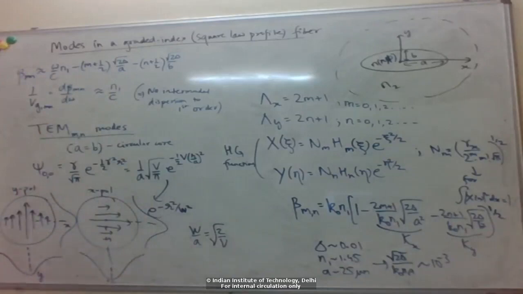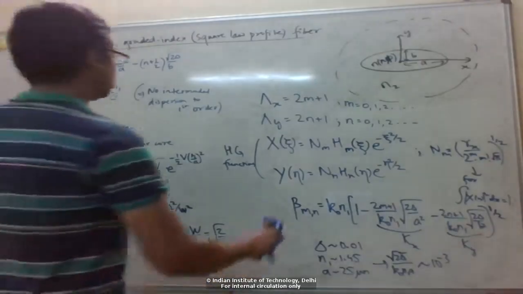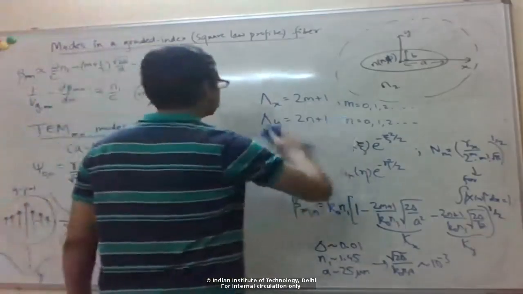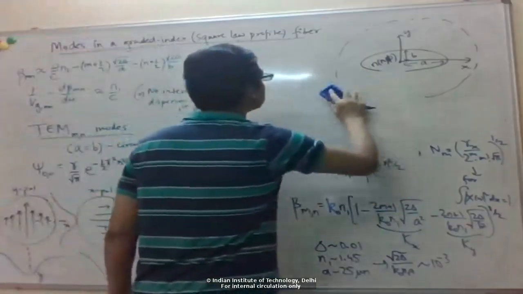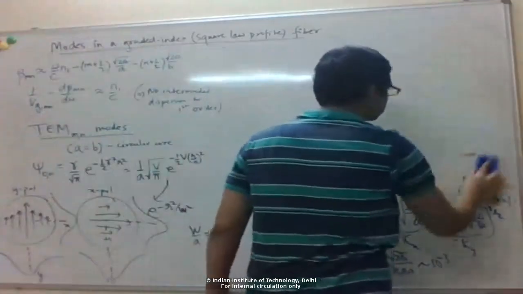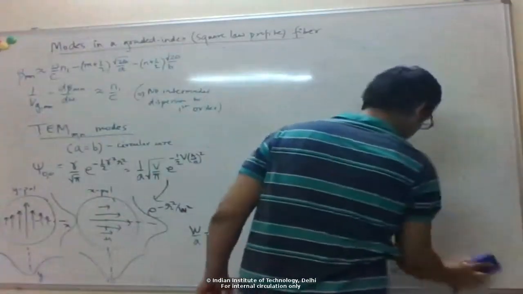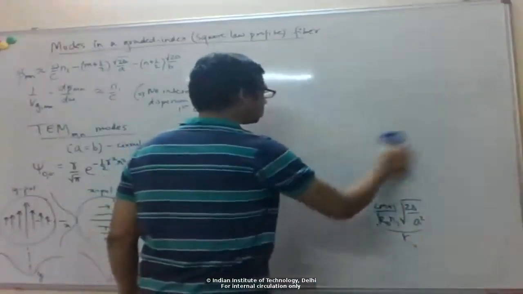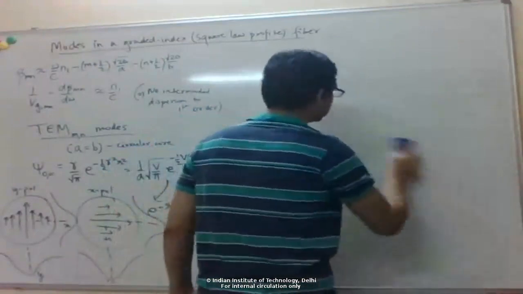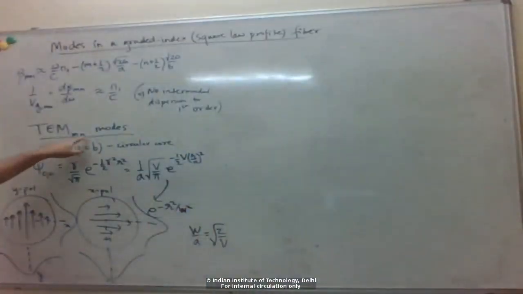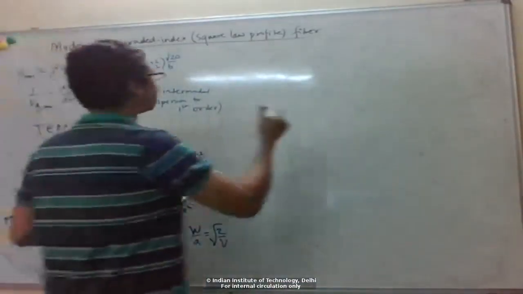Now let's look at some higher order modes. The next higher order would be either you make m equal to 1 or n equal to 1, and again they'll be degenerate.